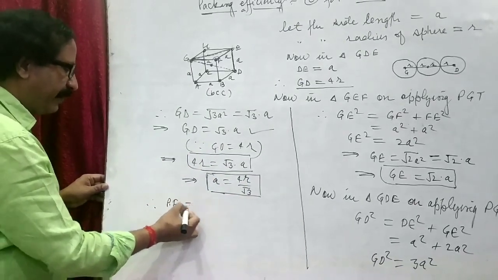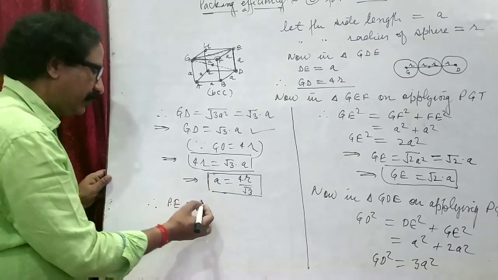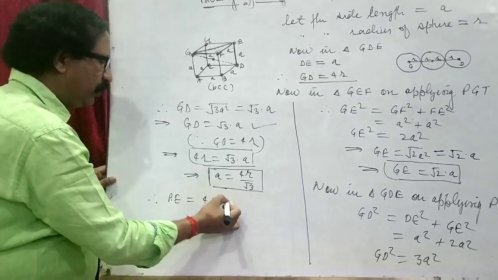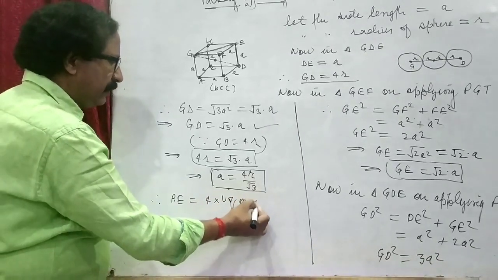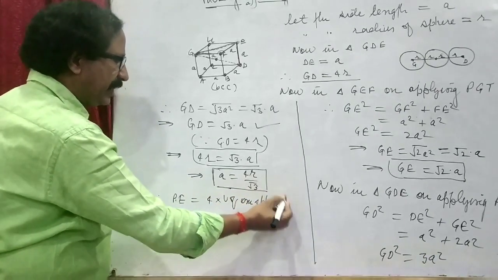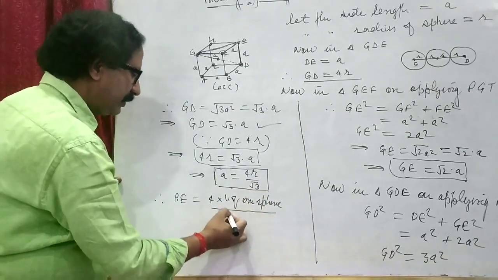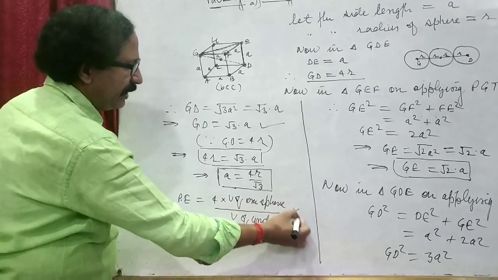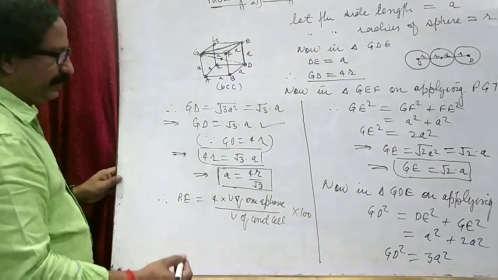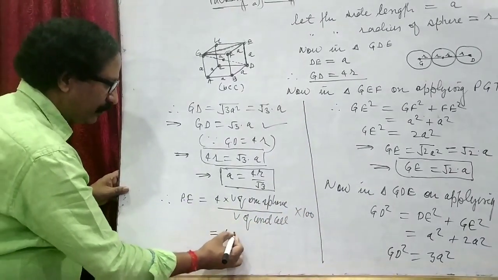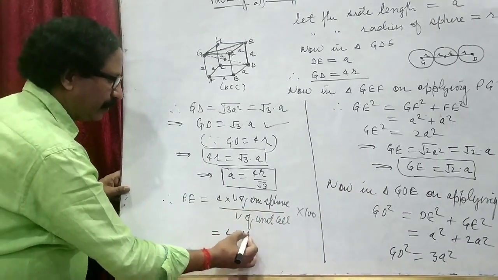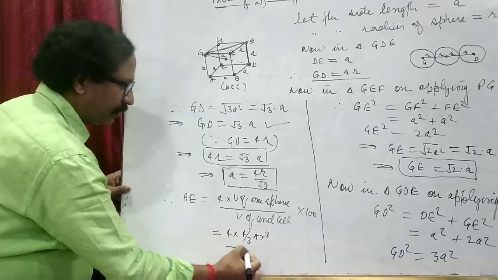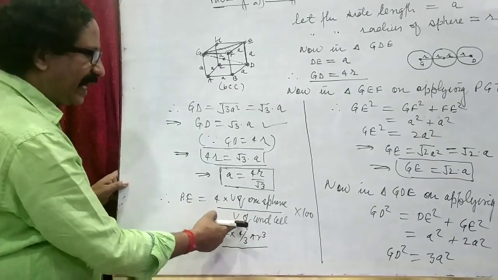Therefore, packing efficiency is equal to 4 into volume of one sphere whole upon volume of unit cell into 100, right? Apply the value 4 into 4 by 3 pi R cube whole upon side cube.